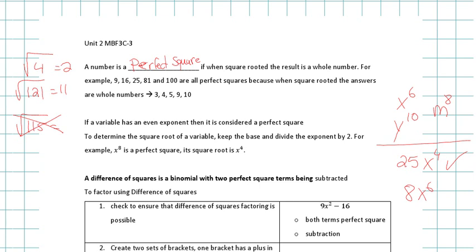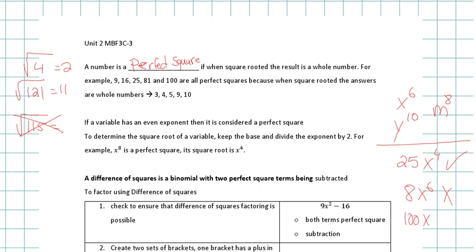Is this term, for example, a perfect square? What's the square root of 8? Is it a whole number? It's 2 point something, right? The square root of 8 is not a whole number. So is this a perfect square? No, it is not. How about this? Is this a perfect square? Why not?